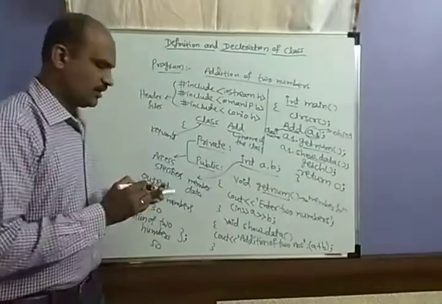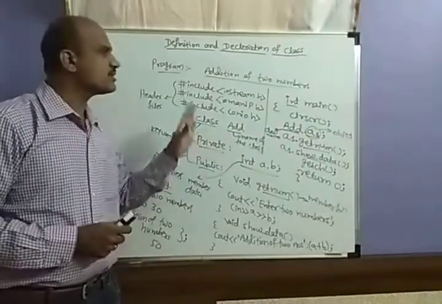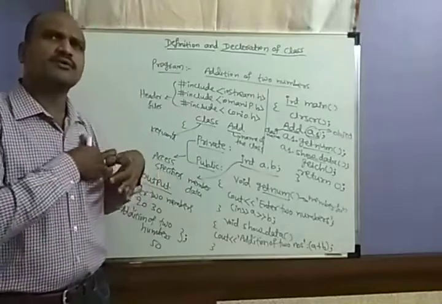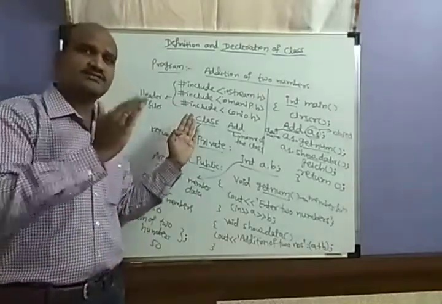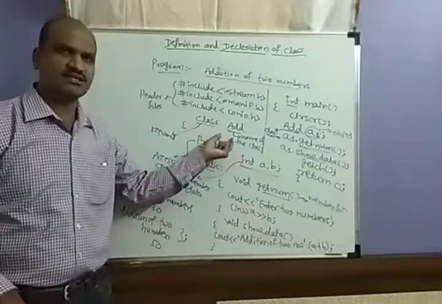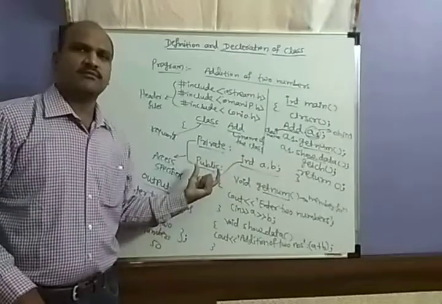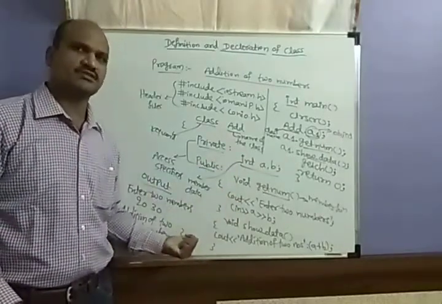Like this you have to write programs using the class. This is a very simple program to use the class. As you declare in the syntax: class and class name, private with member data, public with the member functions, then close the brace and the semicolon.